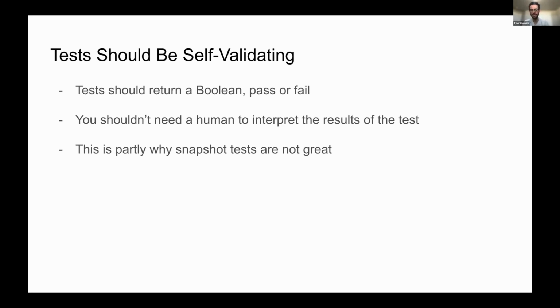And then when you run that test again, if something has changed, the snapshot test will tell you, hey, something has changed. But then you as the human have to go interpret that. And you either have to decide, yes, that change is expected, or no, that change is not expected. It's a lot better when your test can just tell you this passed or this failed. It should be self-validating.